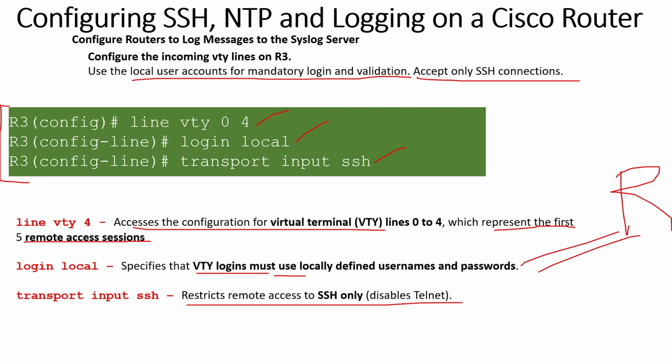This will restrict remote access to SSH only. If we do this, telnet, which is another way to access a router remotely, will be denied. It will be through SSH only, or secure shell.